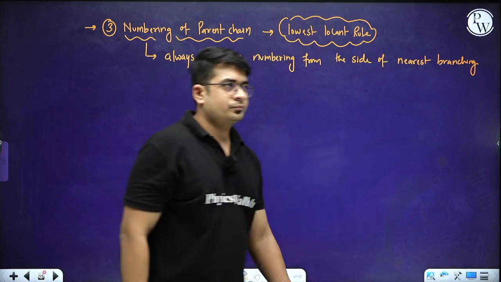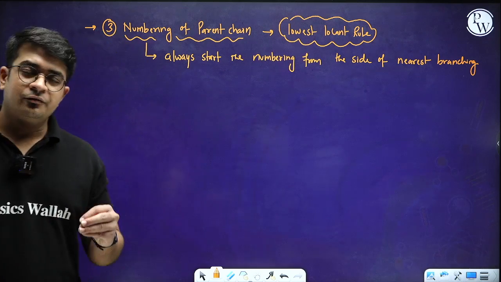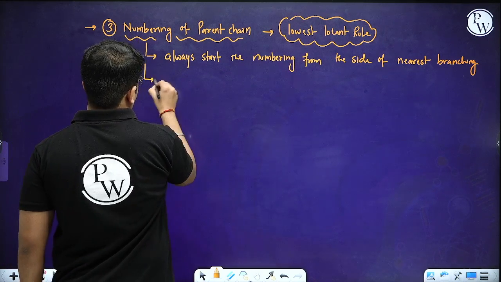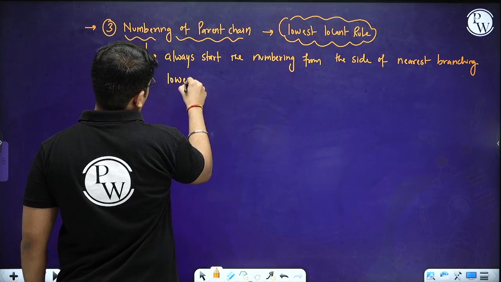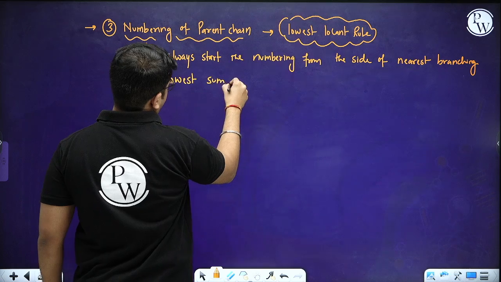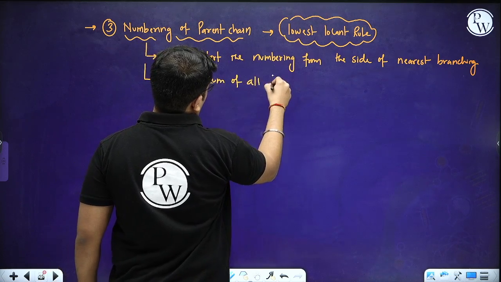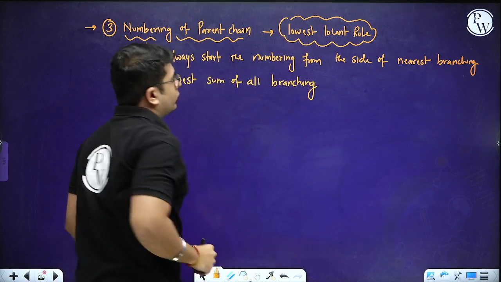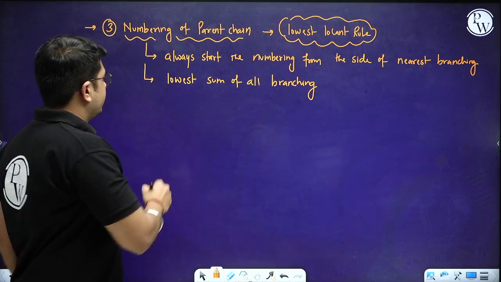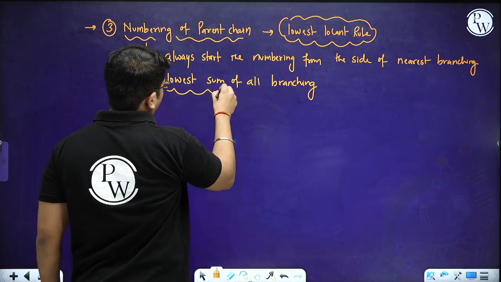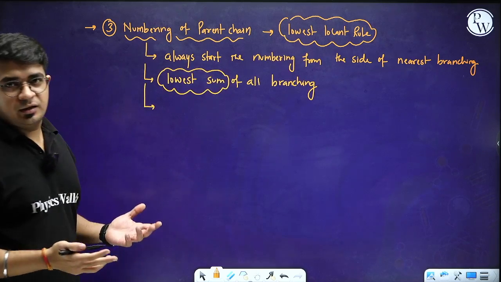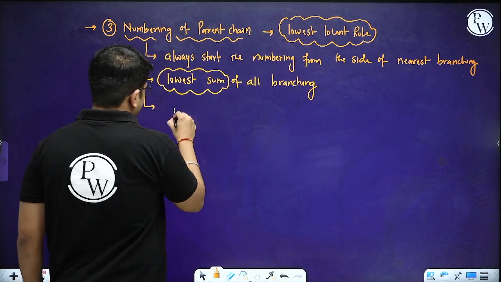Okay. So always use the side which has the nearest branching, or it may be possible which has the lowest sum of all branching. Okay. So one part is the lowest locant rule, next part is the lowest sum rule. Or it may be possible if numbering is the same, then use the alphabetical order.